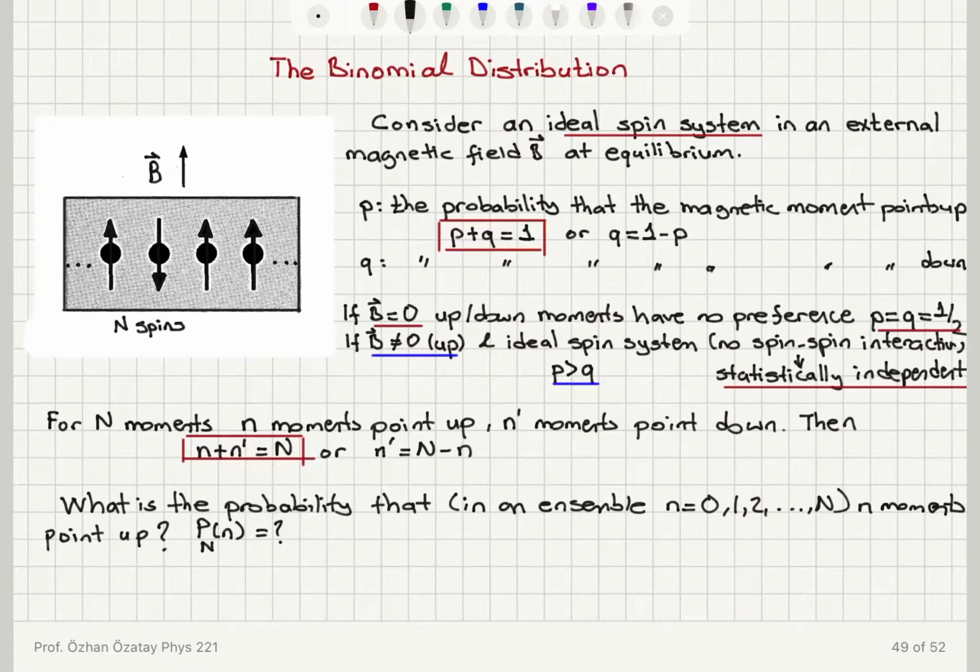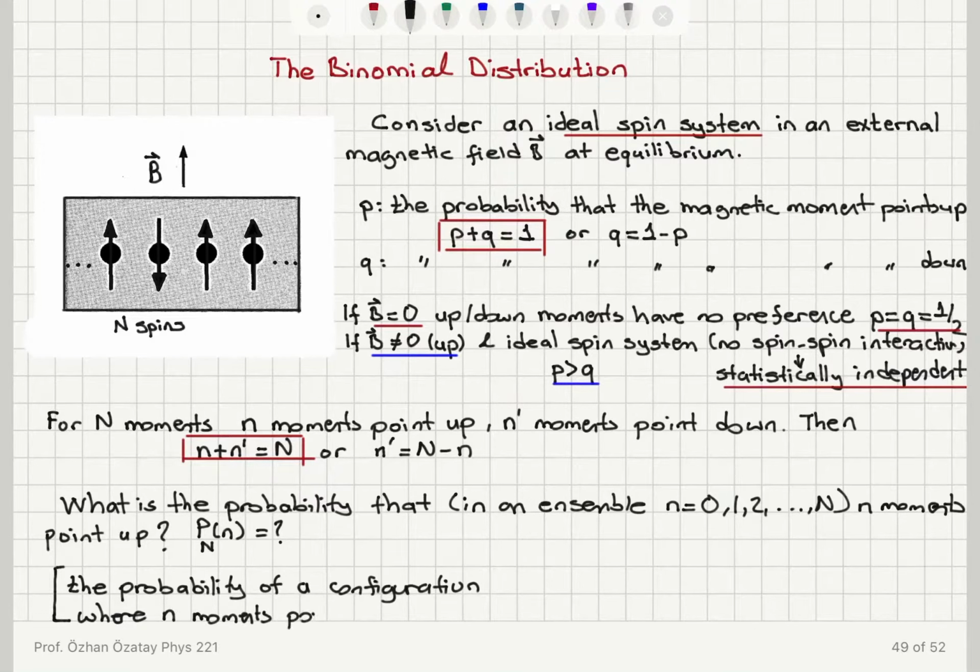So let me phrase what I'm trying to do here. The probability of a configuration I'm looking for where n moments point up, n prime point down.